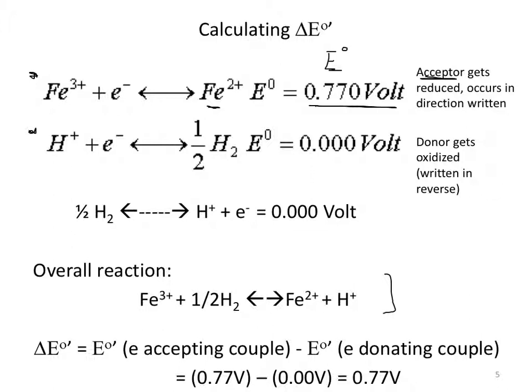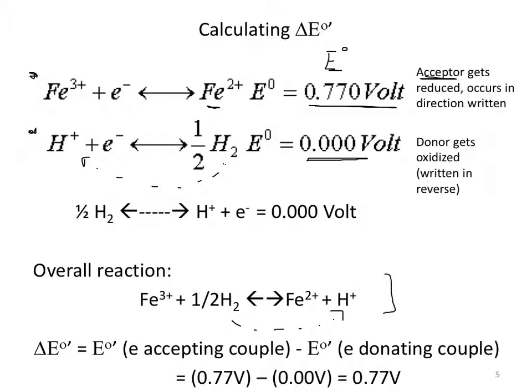Down here at the bottom we see that we've got H2 and it's being converted to protons, and up here we've got protons being converted to H2. They're written in opposite directions, but let's not worry about that. In this particular case, for this half reaction, there's a value of 0 as its redox potential.